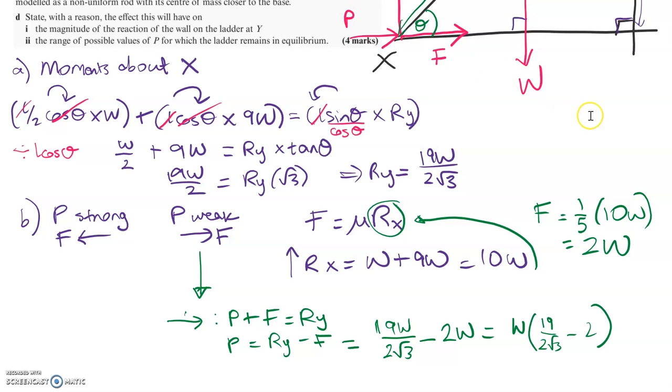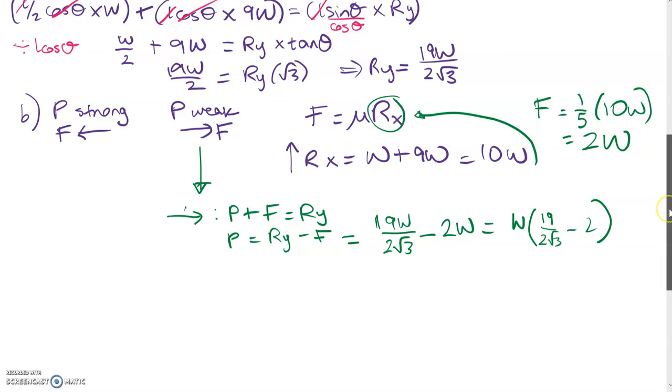To get my maximum value of P, we're saying that F has to be pointing left. So if I resolve this way, I'm going to have P minus F equals Ry.